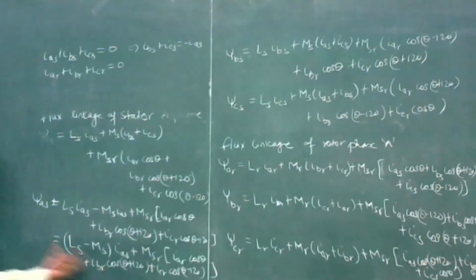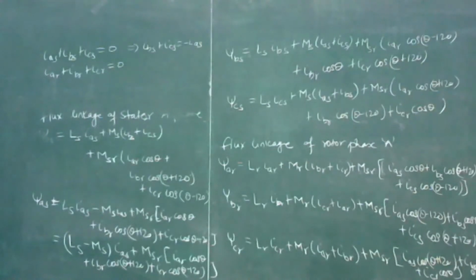So we can write like this. Let LS minus MS be L11. So LS minus MS is equal to 1.